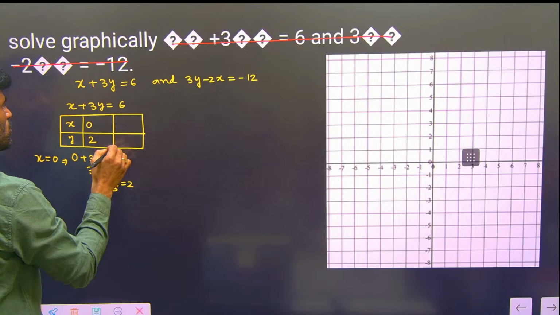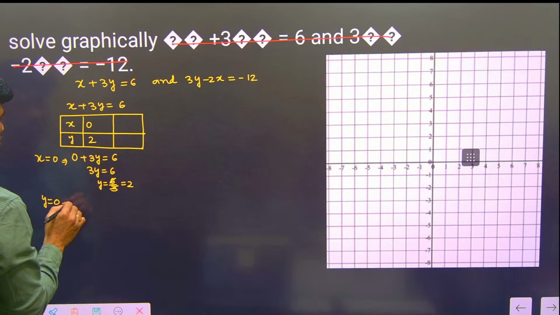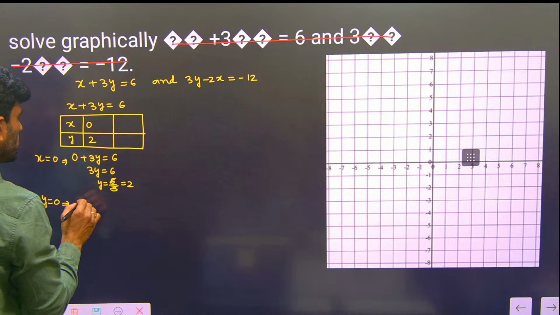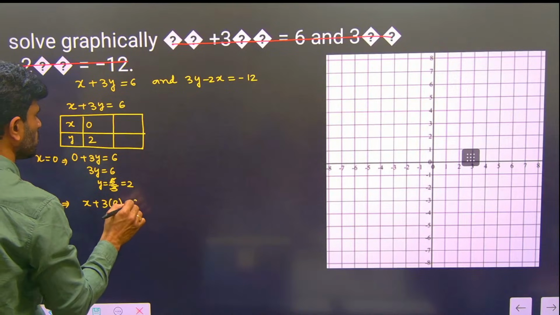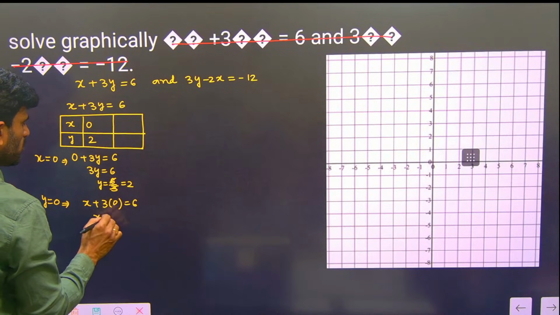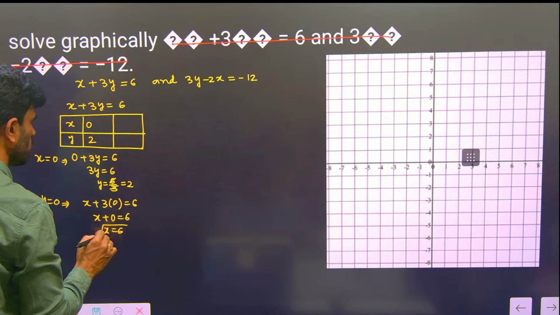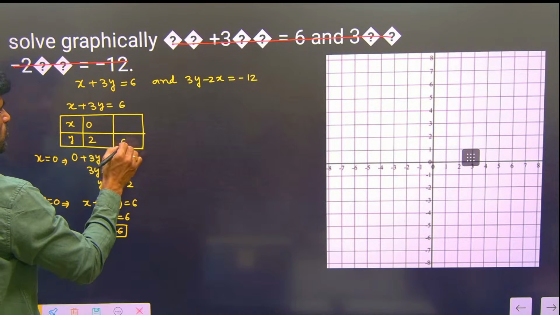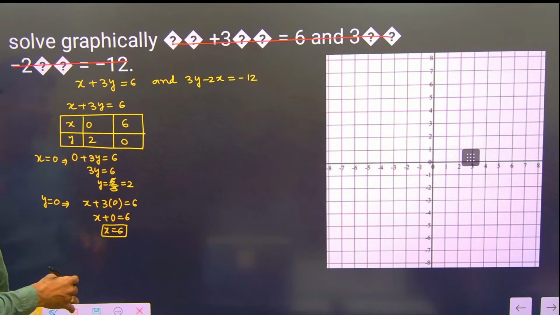This is the first point, 0 comma 2. Next we take y is equal to 0. If you take y is equal to 0, x plus 3 into 0 is equal to 6. So x plus 0 is equal to 6. So x is equal to 6. These are the 2 points.